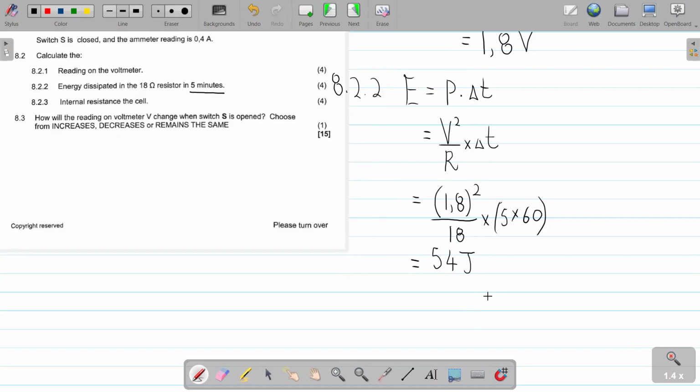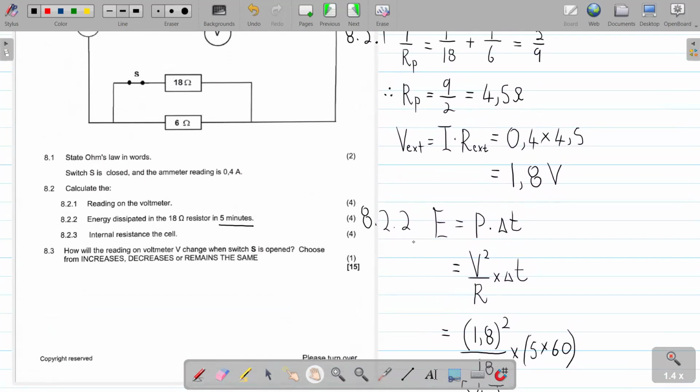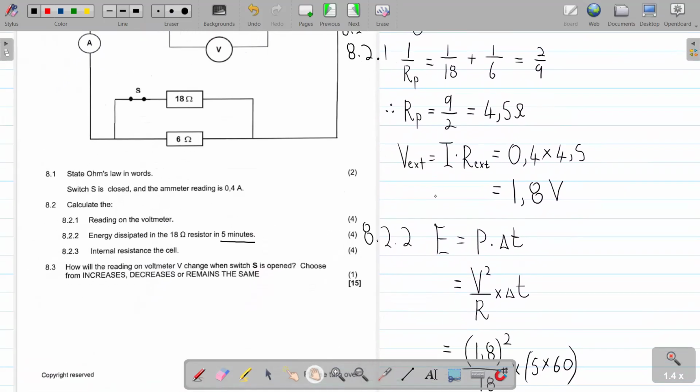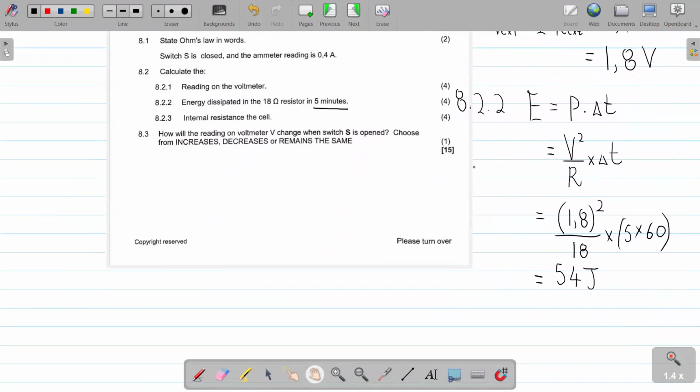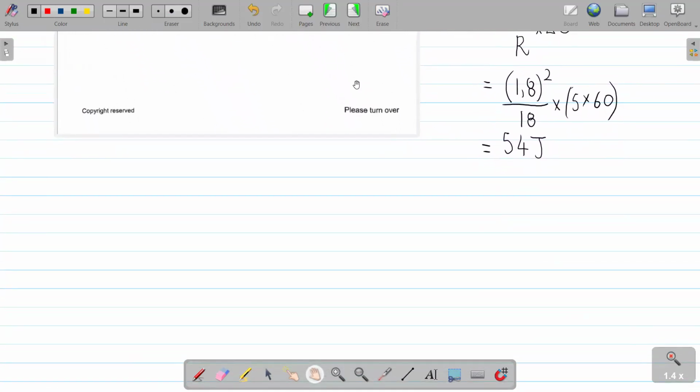Okay. And then 8.2.3, they want the internal resistance of the cell. Okay. So we're going to use the equation for EMF because we are given the EMF as 5.